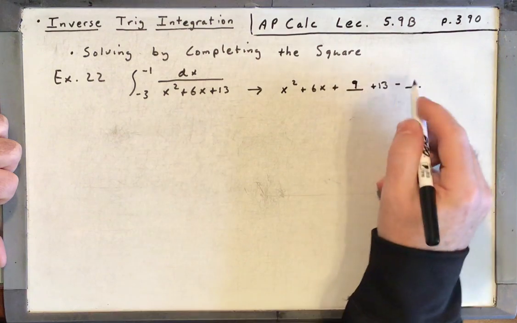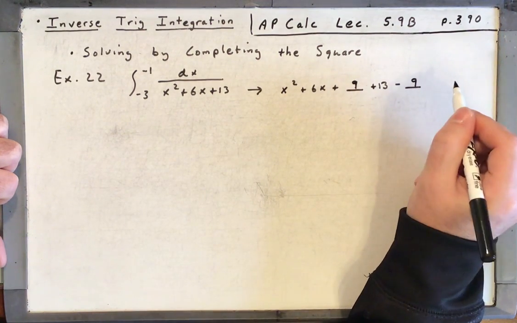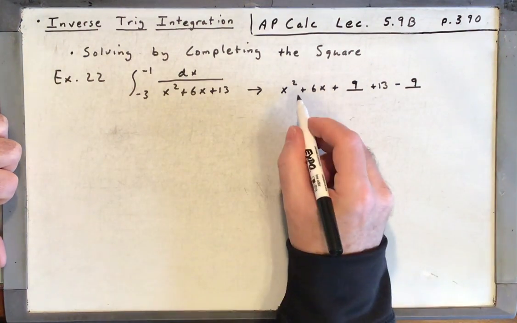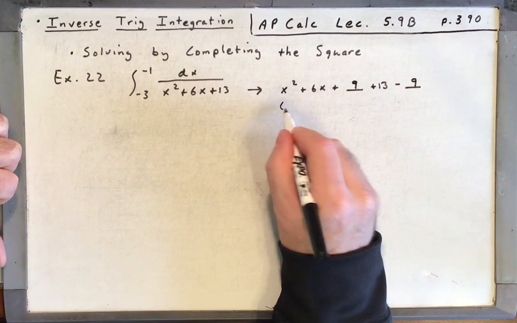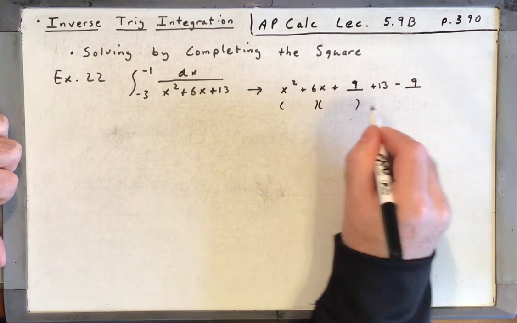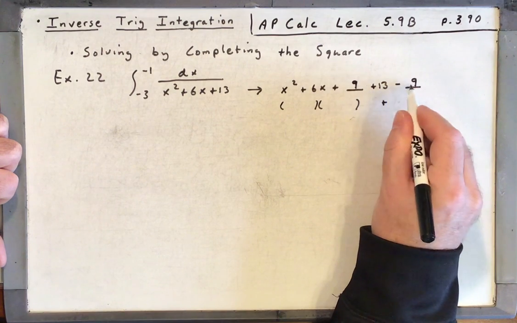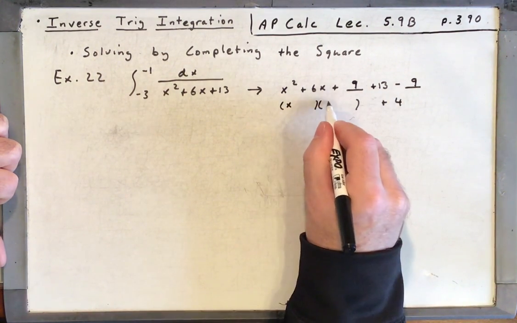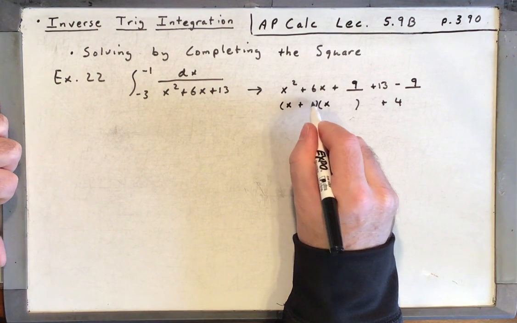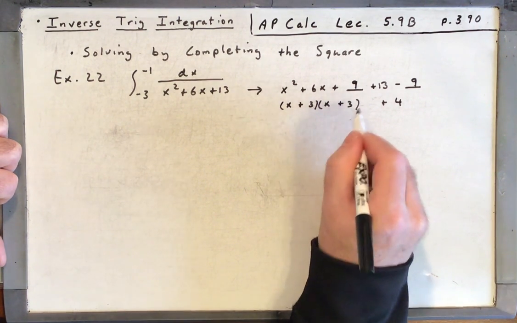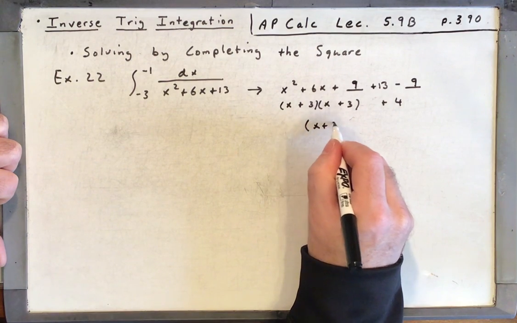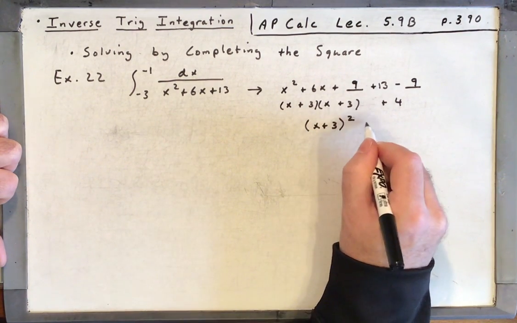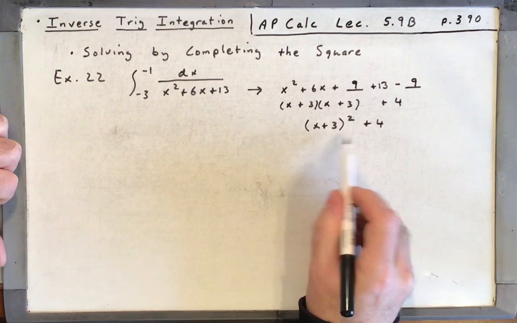So we add 9. But then we have to subtract 9. If we were to factor now this perfect square, you'd have a plus 13 minus 9 is 4. You'd have x plus 3 squared plus 4.